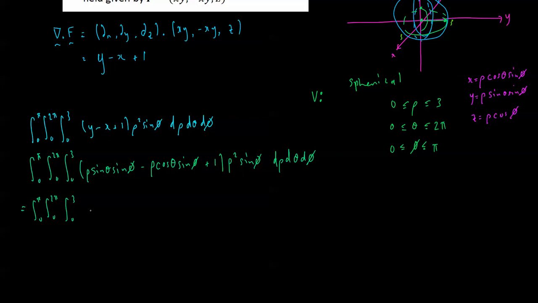Expand this out, I get rho cubed sine theta sine squared phi, minus rho cubed cos theta sine squared phi, plus rho squared sine phi, d rho d theta d phi.